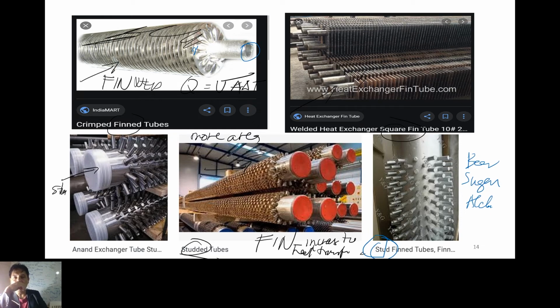Yung mga area papalakihin, tapos yung temperature difference. So, yung temperature ng hangin ay mas mataas kaysa dun sa temperature ng refrigerant na nasa loob. So, magkakaroon ng heat transfer, magbabago ng anyo, and then the energy will be released.